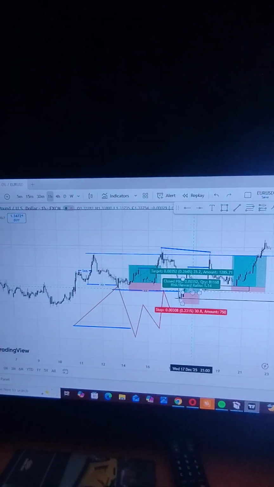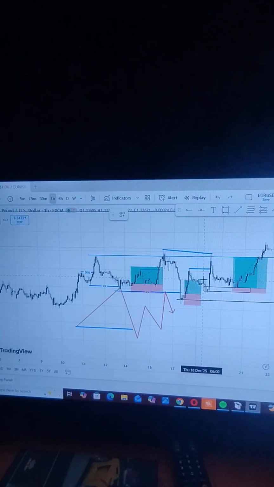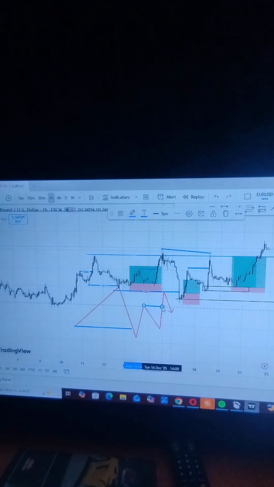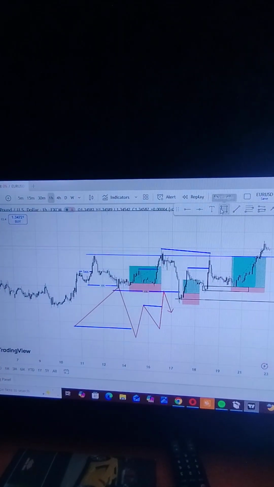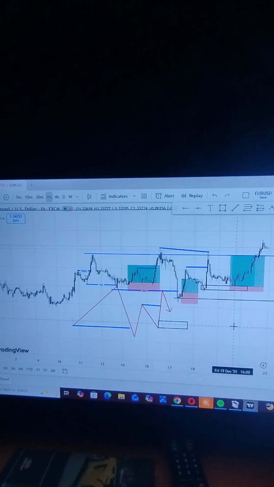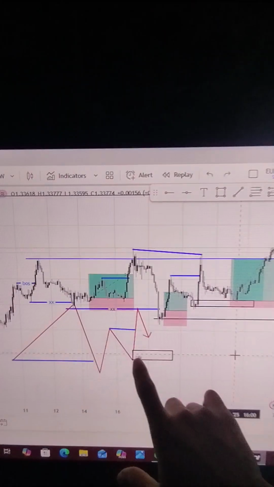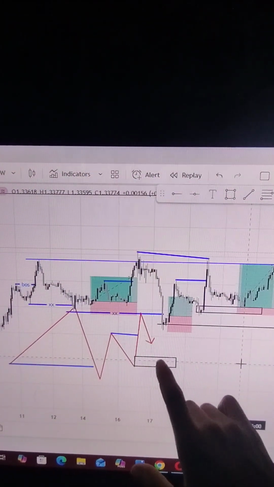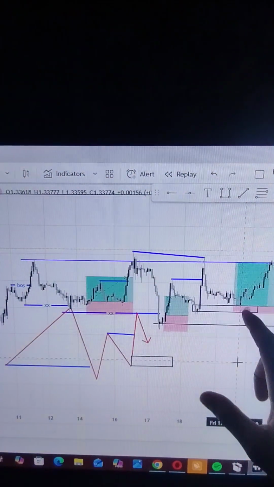If this was a liquidity grab, then you should know now this is your break of structure. So you should definitely know that this level now should be your point of interest. So if market is coming back down, it's coming back to react from this point of interest.